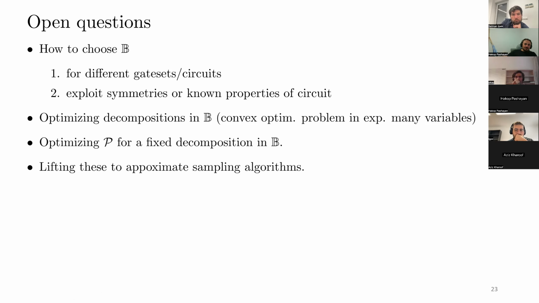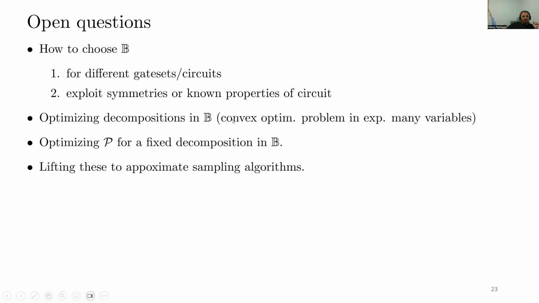Ideally, going forward, there'd be clever tailored algorithms that vary all these things with the details of the circuit in order to really optimize. Right now we have much simpler simulators. There's also the question of how to optimize the decomposition in B.